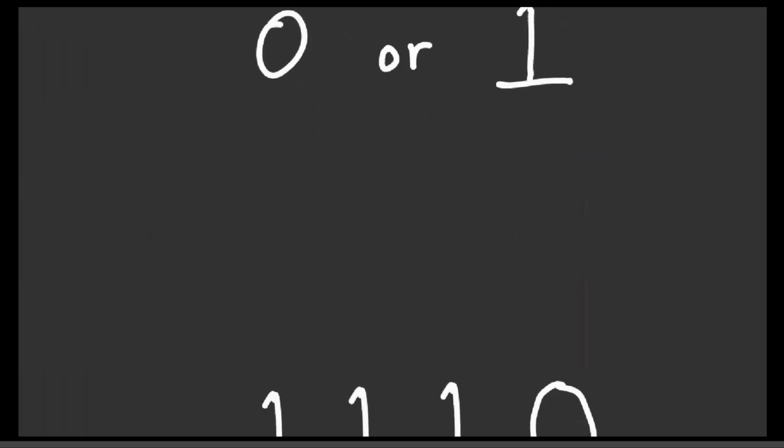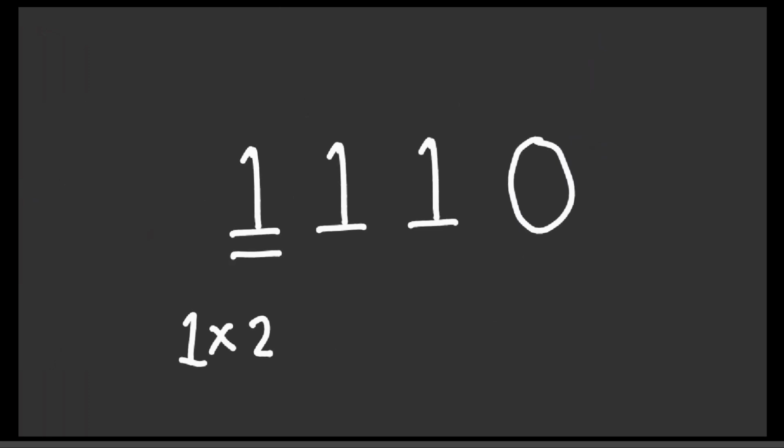Now that takes me to binary. Binary is a base 2 system that consists of symbols of either 0 or 1, on or off, low or high electrical signals. Now here is a binary number, and the way you would convert this from binary to decimal is you would take the first number, 1 times, since it's a base 2 system, 2 to the place it is, minus 1.